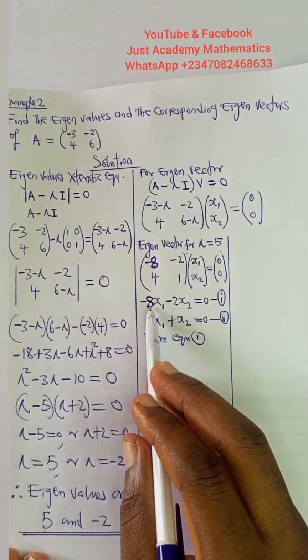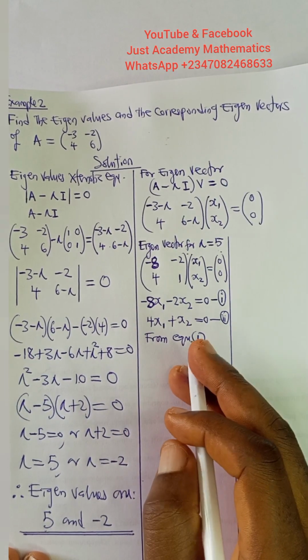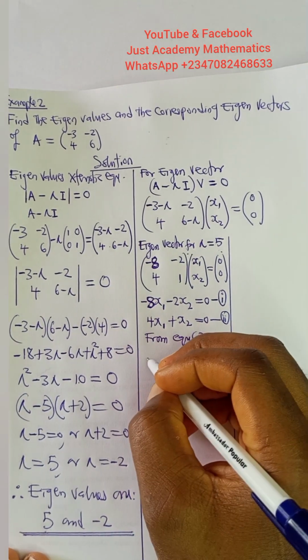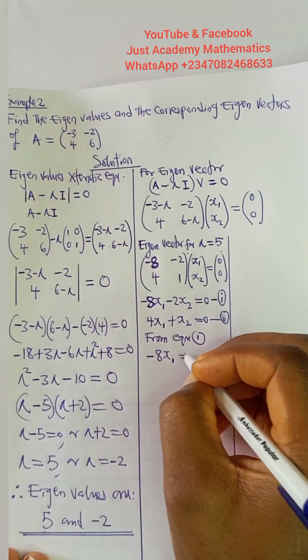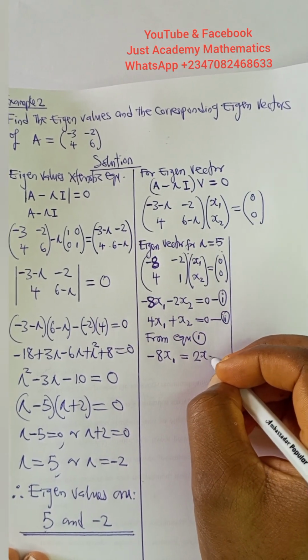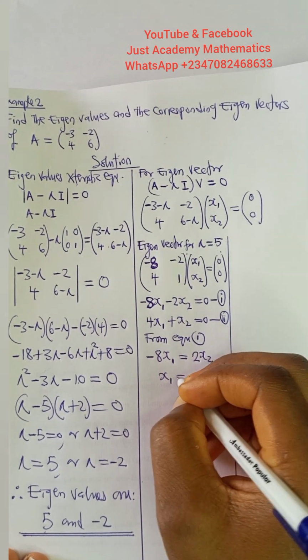Now, from this equation 1, let's make x1 the subject. To do that, what do we do? We have that minus 8x1 is equals to, bring this x2 here, 2x2. For x1 to stand alone, we divide both sides by minus 8.